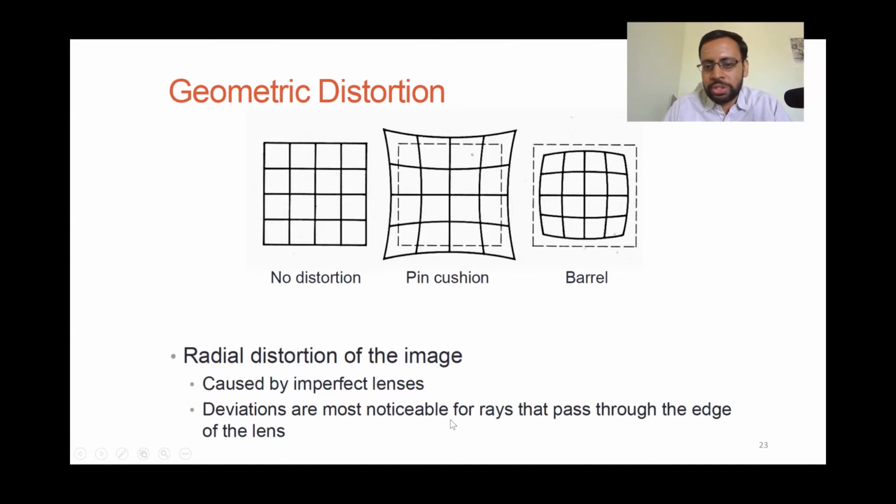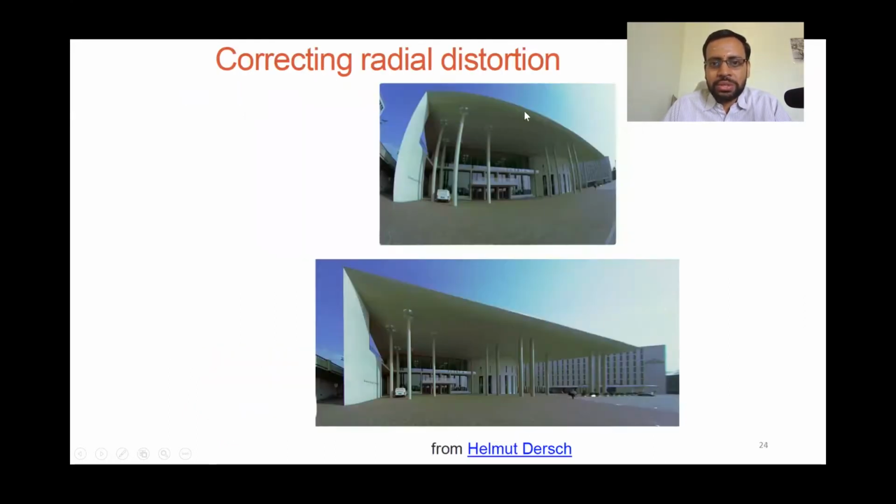Deviations are almost noticeable for rays that pass through the edge of the lens. So this is, for example, the original image captured, but then if you tell the lens details, it will have some unique number to identify. Even your Photoshop nowadays, and it's not just SLRs, you have digital SLRs, they do the correction within themselves and give it to you.